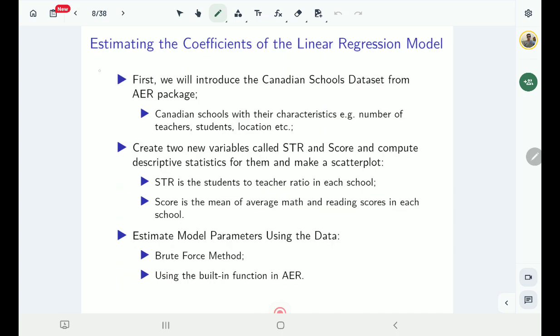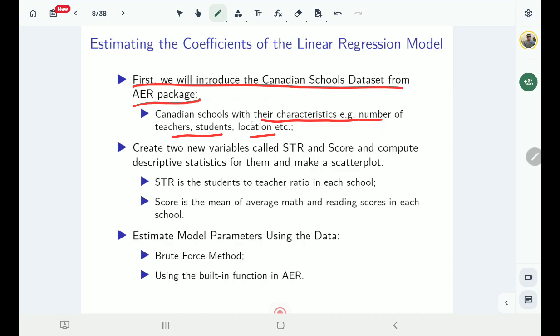Now let's talk about the estimation process of coefficients in the linear model. Overall we're going to follow this routine. First, we are going to introduce the Canadian schools dataset from the AER package. This dataset includes information about the characteristics of schools, like number of teachers, number of students, location, district number, the scores of students in different exams.